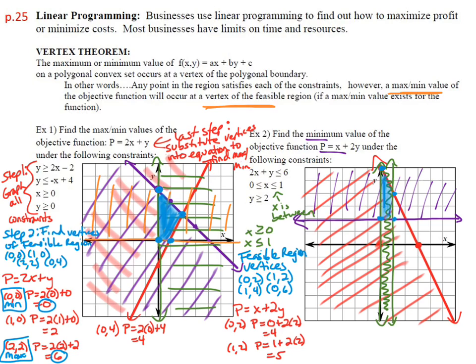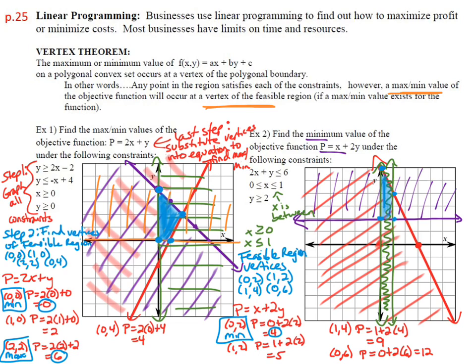Then over at (1, 4), we have p is equal to 1 plus 2 times 4. Well, that's going to give us 9. And then at (0, 6), we have p equals 0 plus 2 times 6, which will give us 12. Now our problem was asking us for the minimum value. So the smallest value was 4, and that occurred at (0, 2).